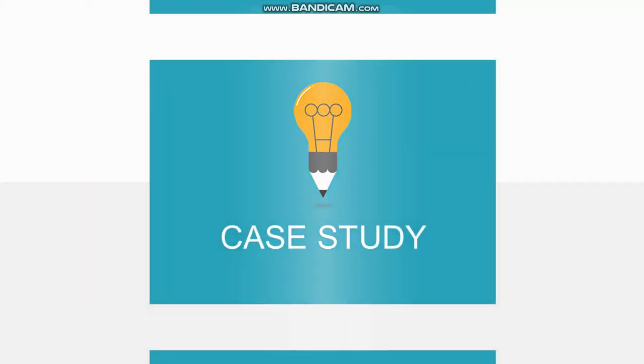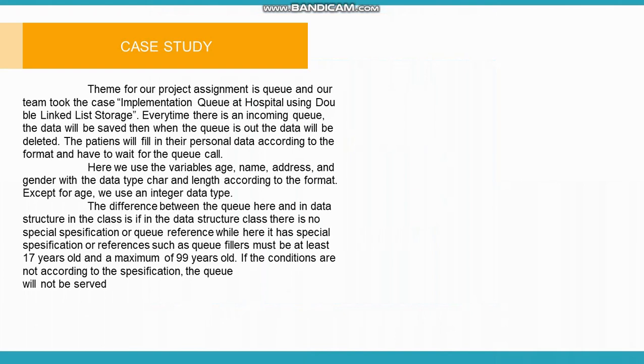Next, the case study. For our project assignment, which is queue, our team took the case of implementing a queue at a hospital using doubly linked list storage. Every time there is an incoming queue, the data will be saved.